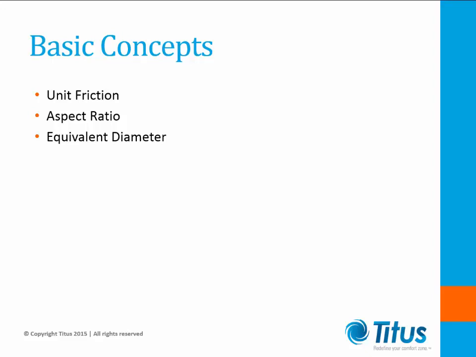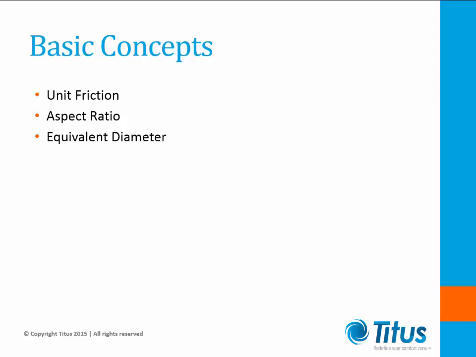Aspect ratio applies to rectangular ducts. It is the ratio of width to height of the duct. So a 24-inch wide by 12-inch high duct will have an aspect ratio of 2:1. The duct efficiency goes up per air volume as the aspect ratio approaches 1.